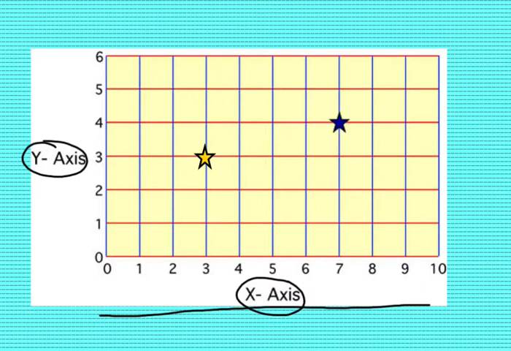Now, when we are using an x-axis and a y-axis, our set of numbers is always going to be x first, then y when we're using the coordinate grid. It's always going to be x, y. So your x is always going to be your walk first, or the over that we talked about earlier.